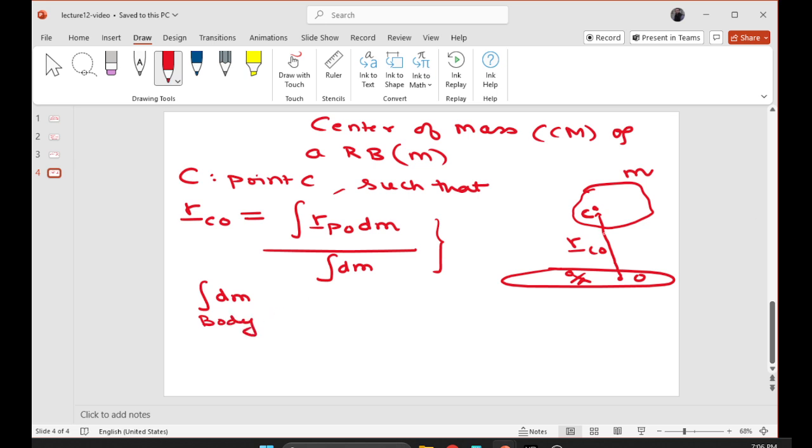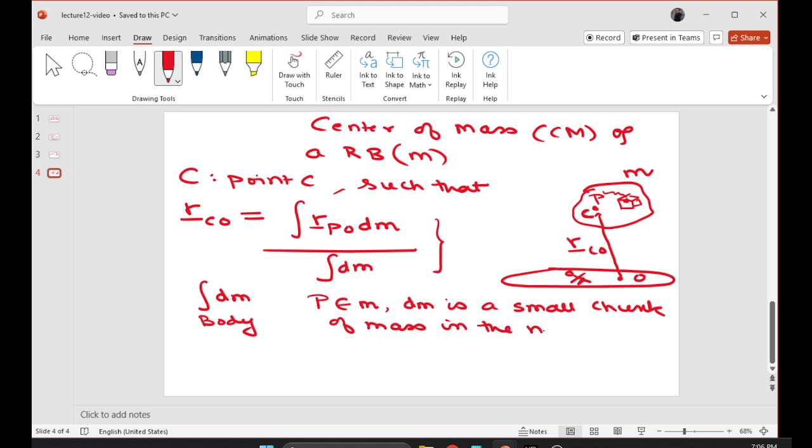What is dm? dm is a small chunk of mass located in the neighborhood of point P. So P is a material point on M. dm is a small chunk of mass in the neighborhood of point P.